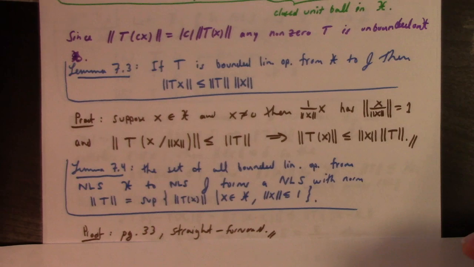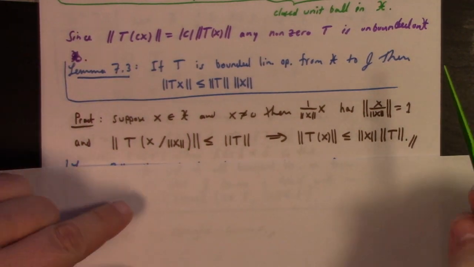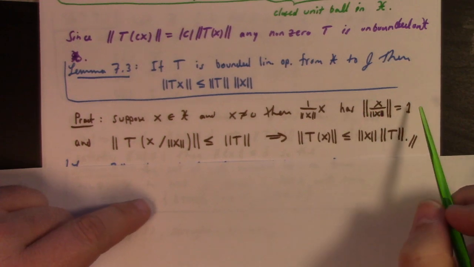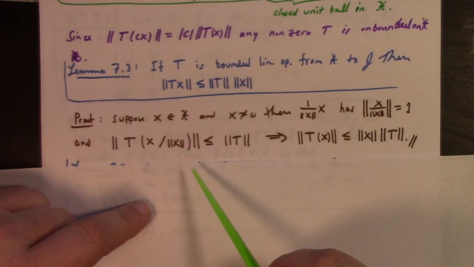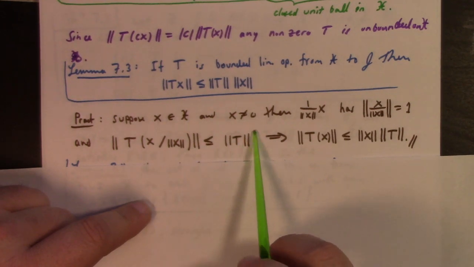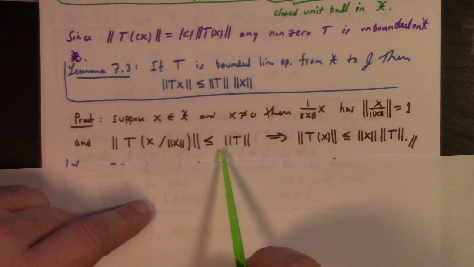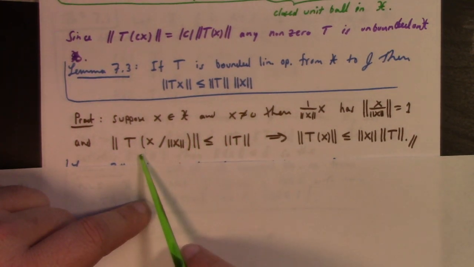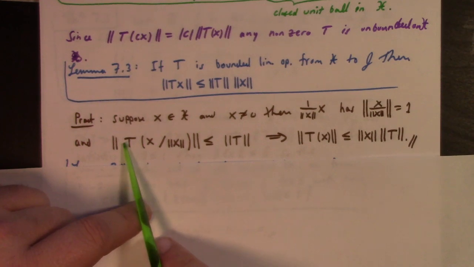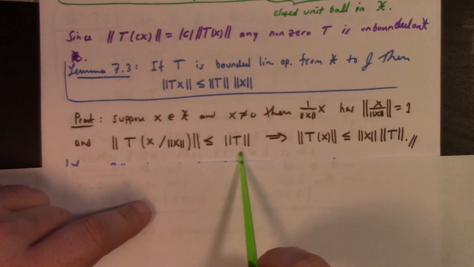Suppose you've got x a non-zero point in your normed linear space. You normalize that, and that gives you a unit vector, which is in the closed unit ball, of course. Since the norm of T is the supremum of the norms of the images taken from the closed unit ball, it immediately follows that the length of the image of the unit vector must be less than or equal to that norm.